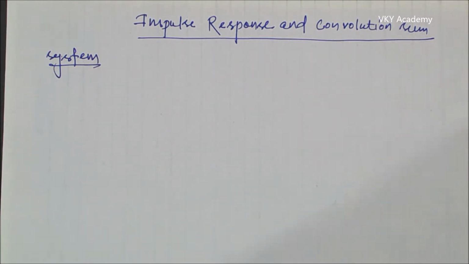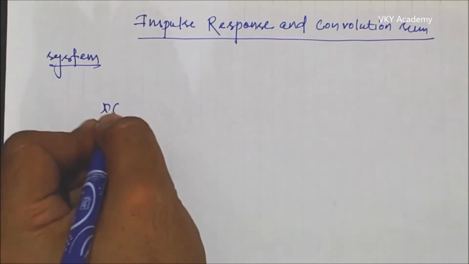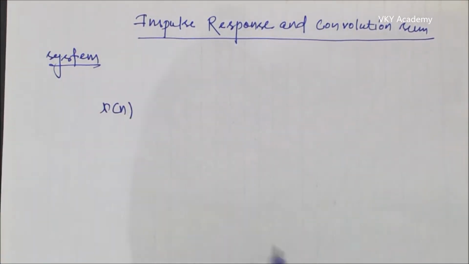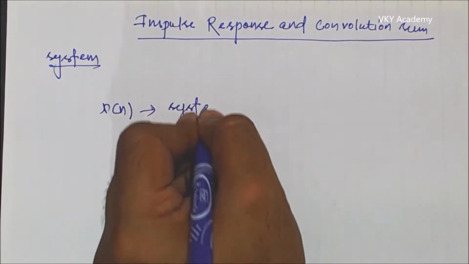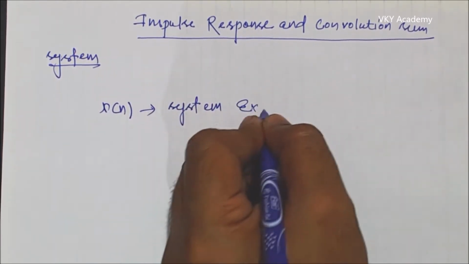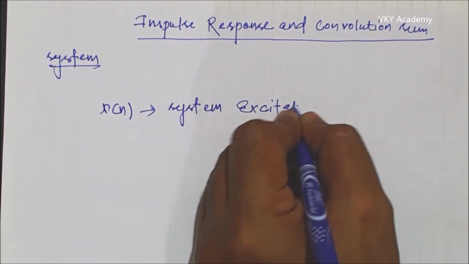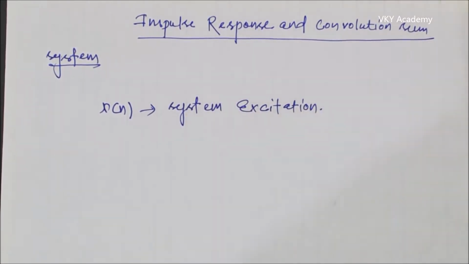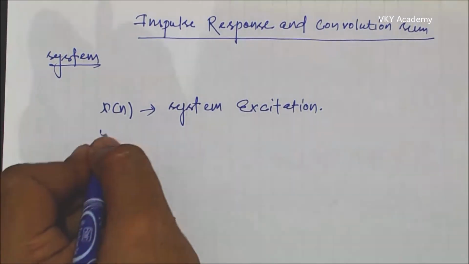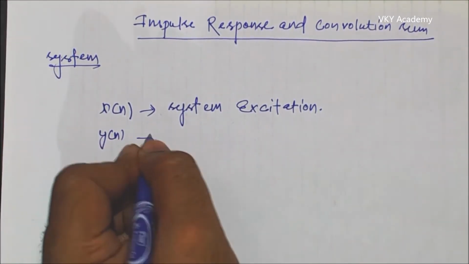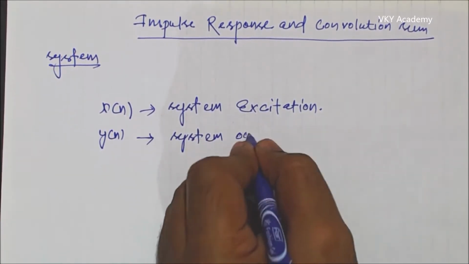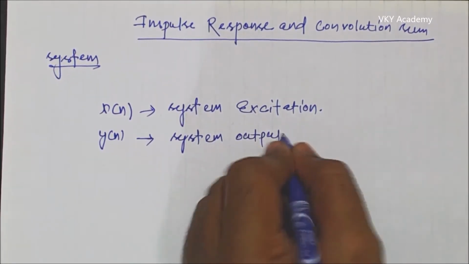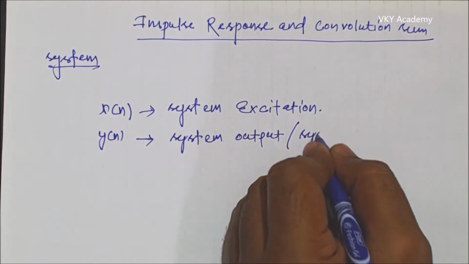Now the input signal x of n is called the system excitation, and y of n is always called the system output, or system response.